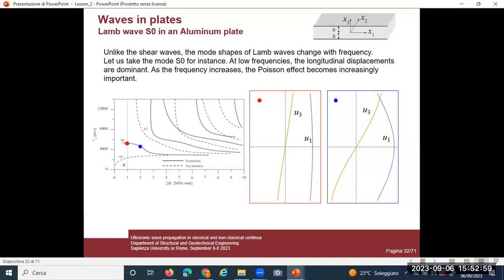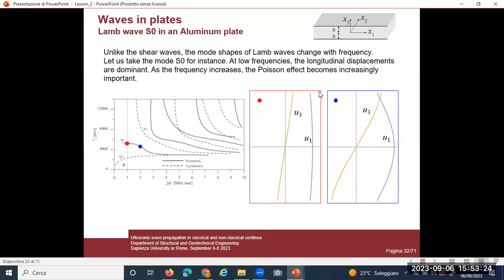And what is the shape of these modes? Well, first of all, we've got to say that the shape of these modes, differently from what happens with the shear waves, changes with frequency. And here, I've reported the shape of the same mode at 2 different frequencies. This is the symmetric mode.